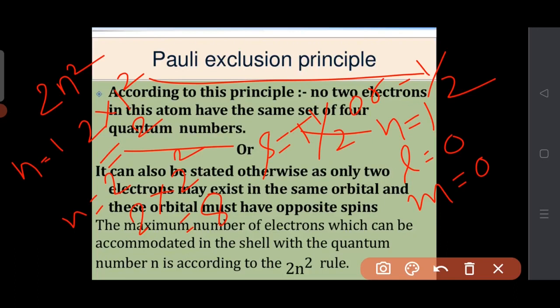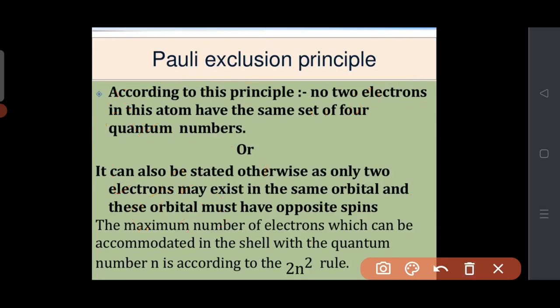But in the last shell, or valence shell, or outermost shell, each orbit can contain a maximum of 8 electrons, though the formula can indicate more than 8. That is why there is some limitation to the 2n square formula, but that is the Pauli exclusion principle.